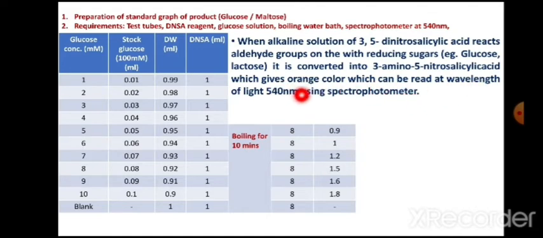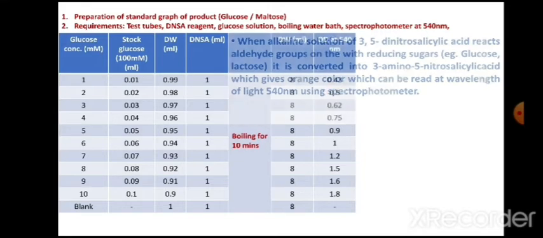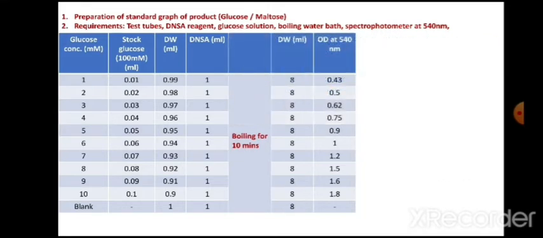So there is production of an orange color complex and not a brown color complex. That is the principle of DNSA, which I have repeated for your understanding.